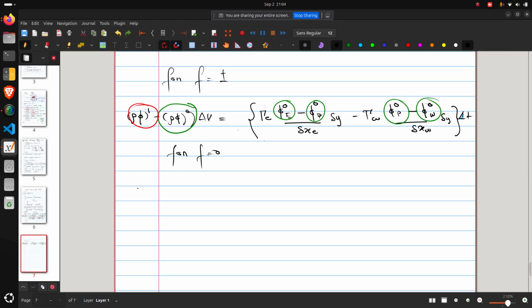For f equal to 0, what will we have? We have rho phi 1 minus rho phi 0 times delta v times gamma east. Okay, let me just copy it, it will be easier.